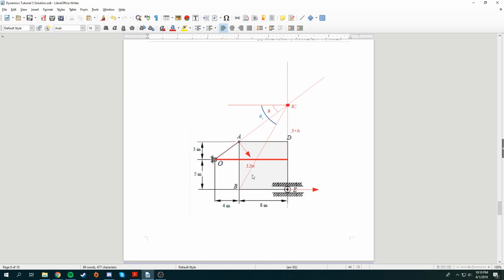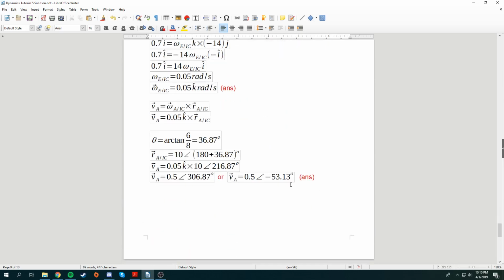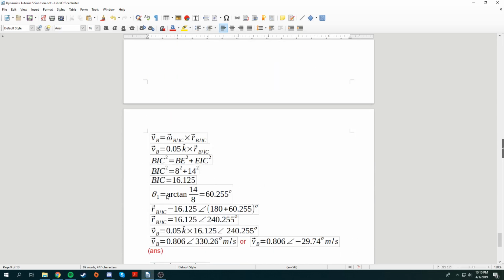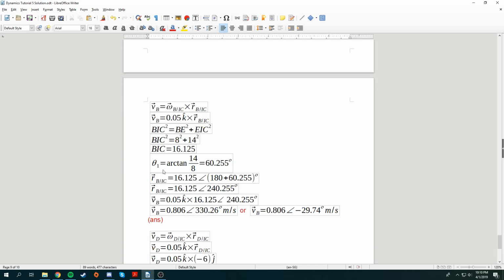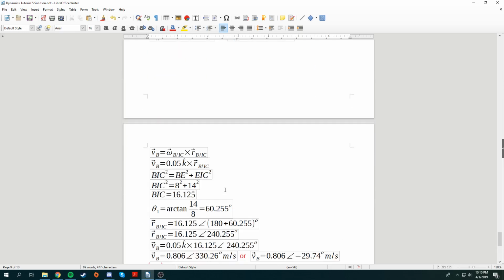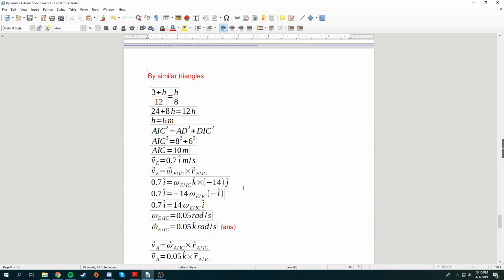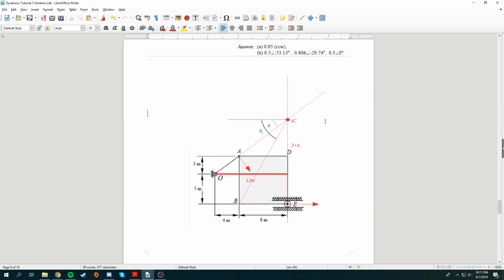And then I also need to find theta 1. Okay, so I found that BIC is actually 16.125 through Pythagoras theorem, and then theta 1 is 60.255. Same as before, I had to add 180 degrees to this angle over here, because angle is always measured from the positive x-axis.